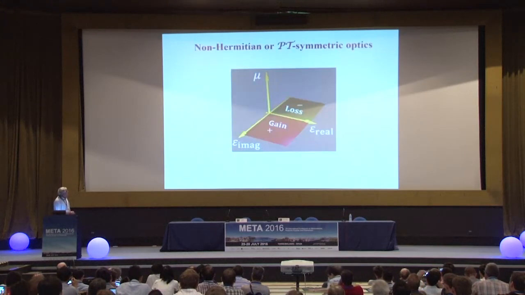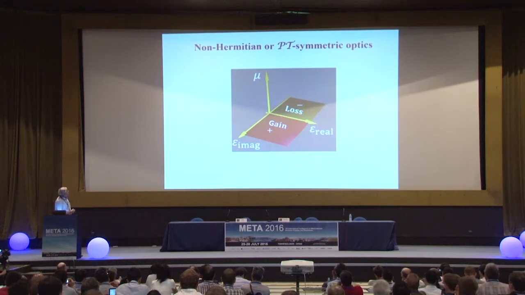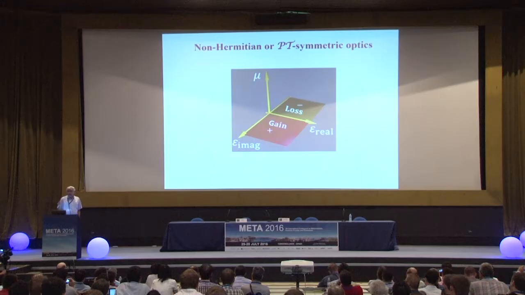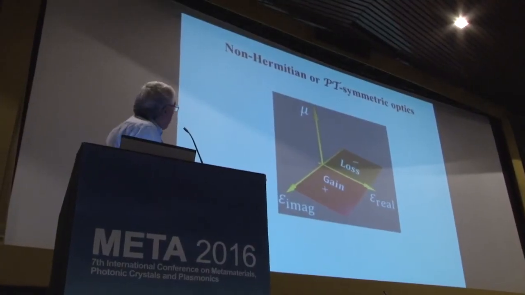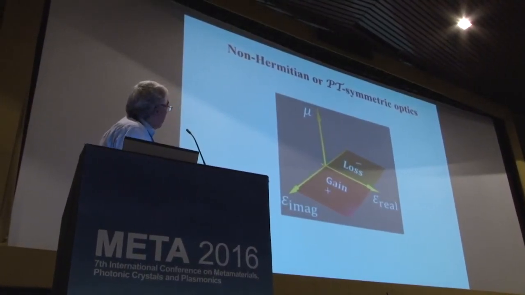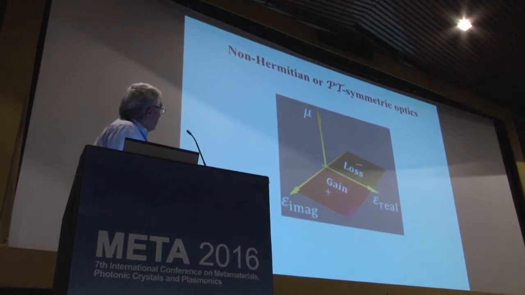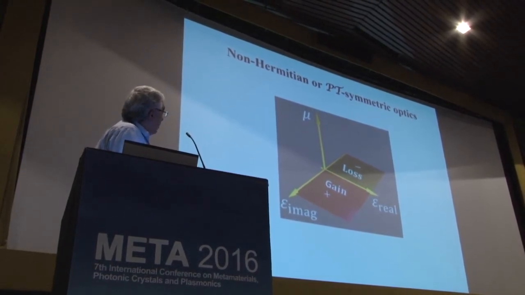So, a few years ago, parallel to these activities, we also wondered the following. We decided to explore what one may obtain if, instead of changing the permittivity and permeability, we keep the permeability as God intended, but instead deploy gain and loss.